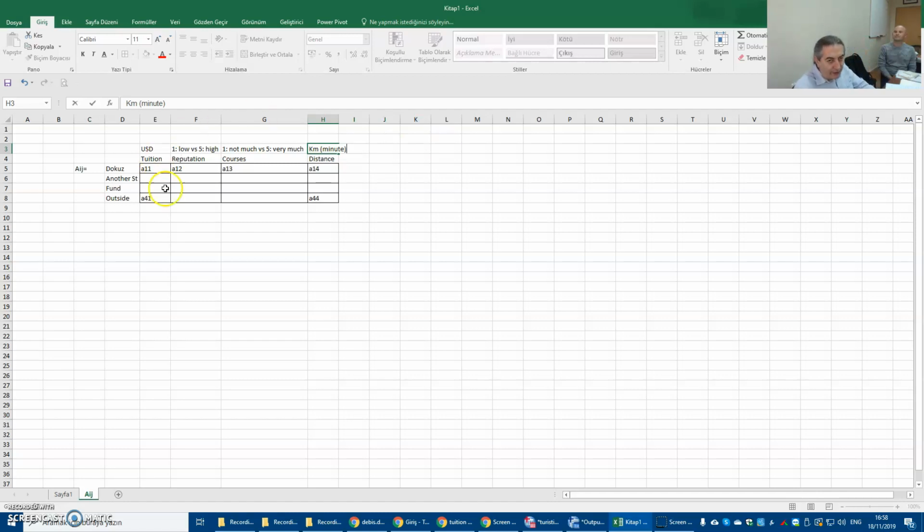So, how to fill data? Tuition fee, start from the 9 Eylül to outside university. Tuition fee, is there a tuition fee? No, okay? How about the educational expenses in a year? Let's consider that.